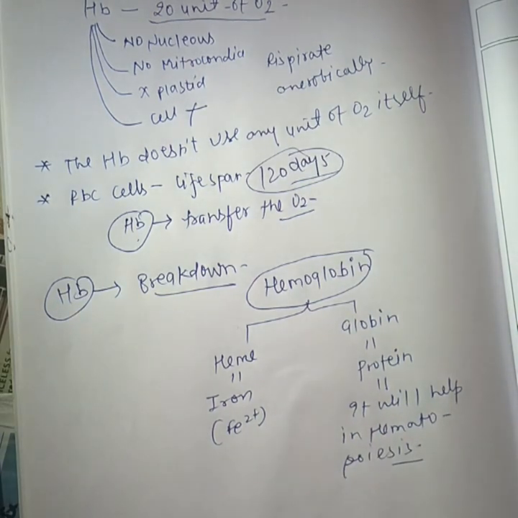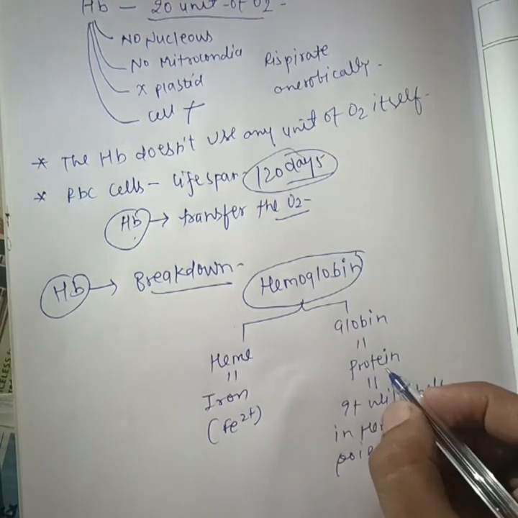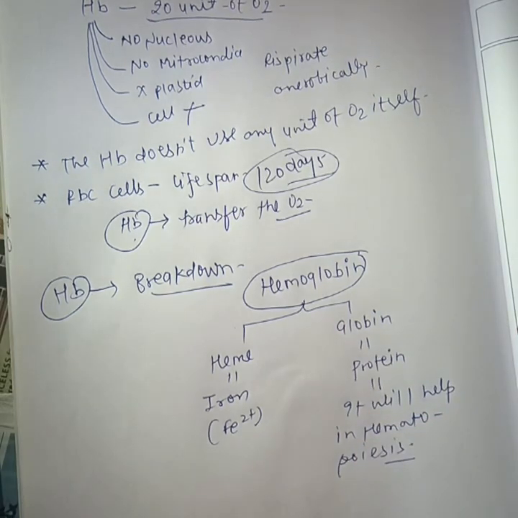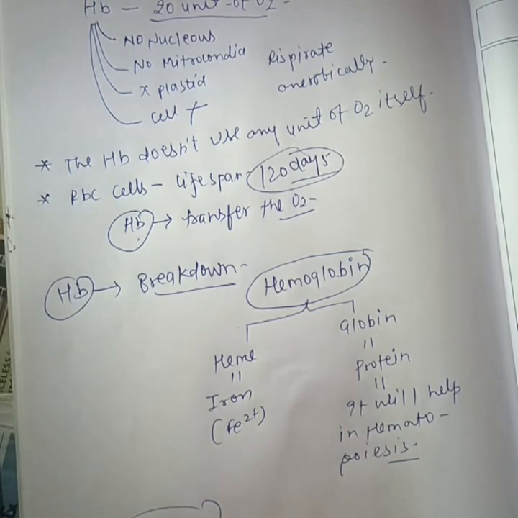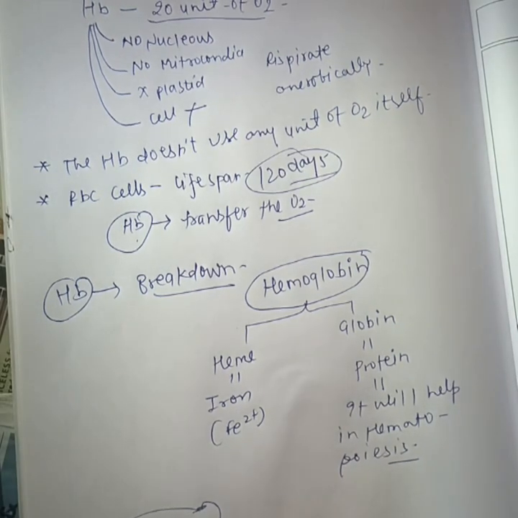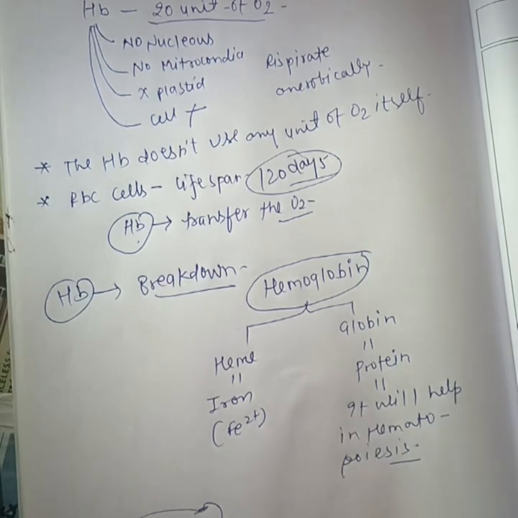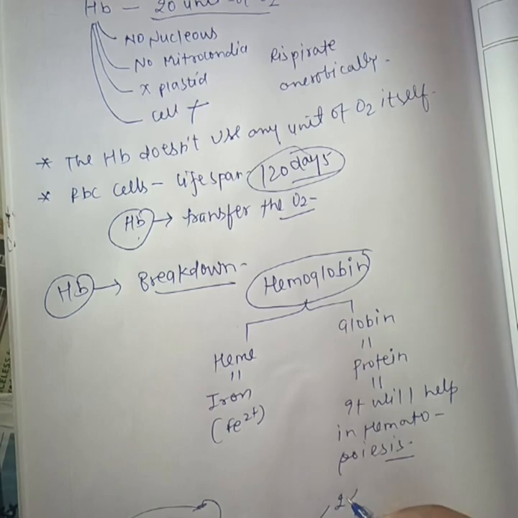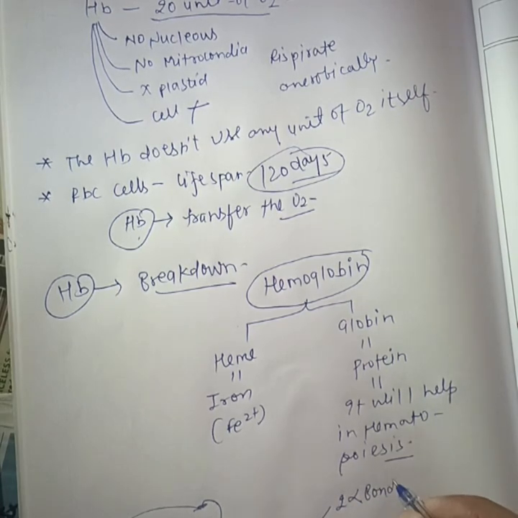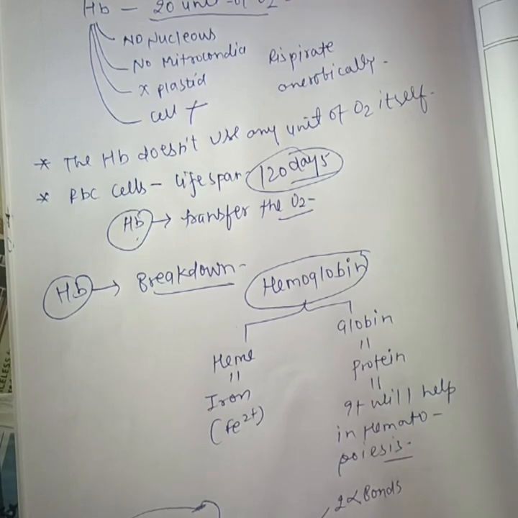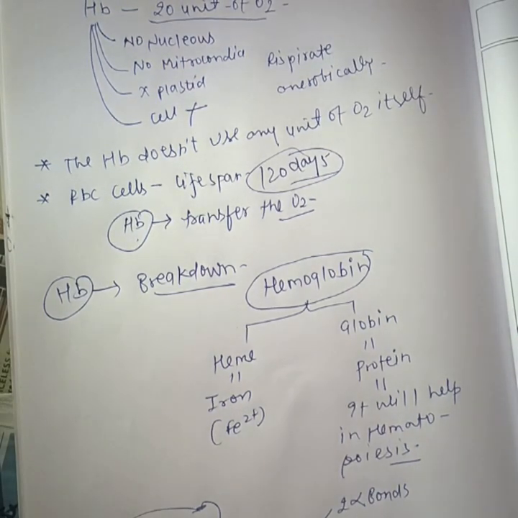Okay, this protein part has two types of bonds, and it contains four bonds. Of the four, two alpha bonds and two beta bonds.